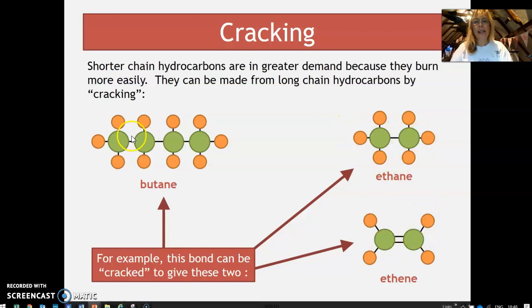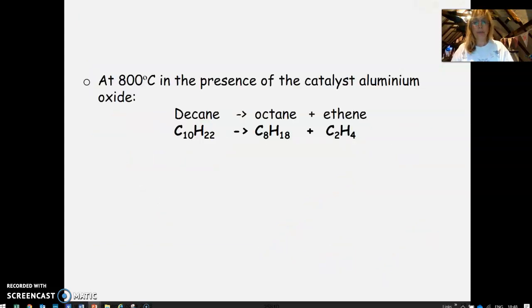So notice 4 gets broken into 2 plus 2 carbons. That's really important to remember, because they could give you something with 12 carbons, and then you could break it into, let's say, 6 and 6, or you can go 8 and 4. As long as one of the molecules is an alkene, you can't go wrong.